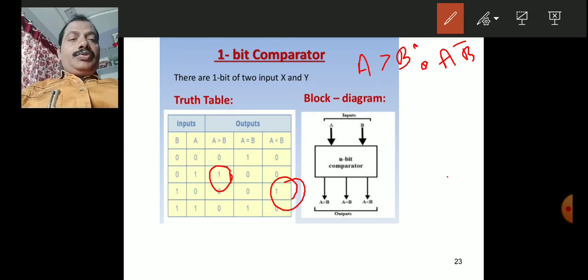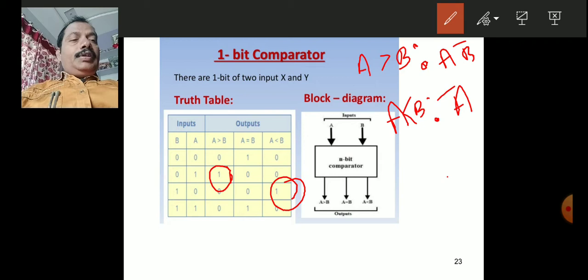This is A less than B, which means A bar B.